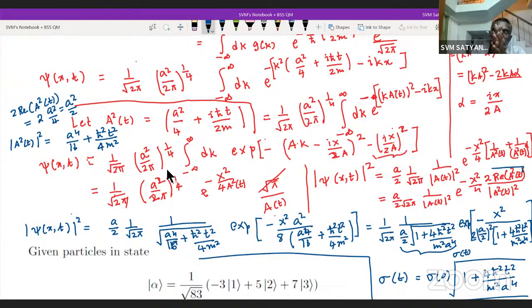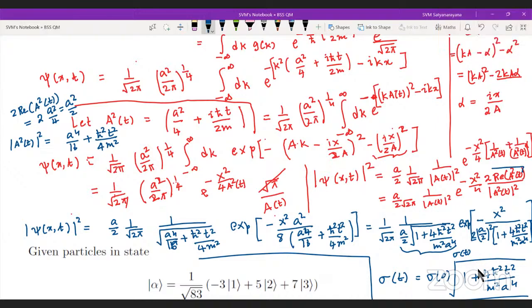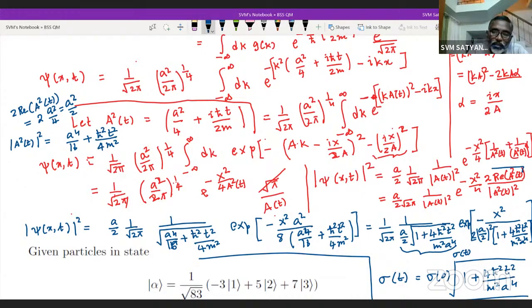But as time increases, since this spread is happening, delta x is increasing, that is, spread is basically delta x here. Sigma is basically delta x. As delta x is increasing, delta p decreases. In the limit of large delta x, it becomes kind of a uniform thing, then you can talk about one particular momentum. So the momentum spread will decrease.